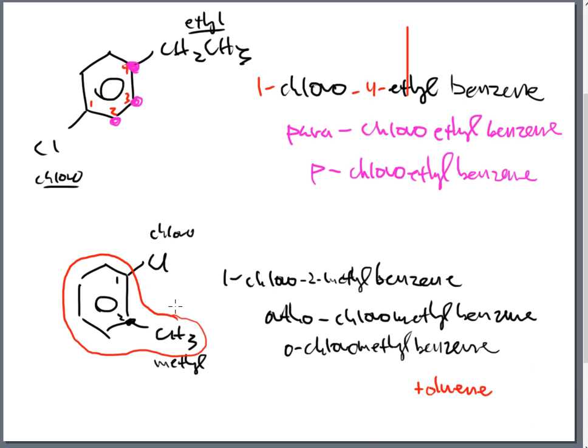And if I do that, here's the issue. Because I've included this CH3 group as part of that name, by default, this starts at carbon number 1. And that means that this is carbon number 2. So in this case, the name is going to be 2-chlorotoluene. And that is also an acceptable name for this structure.